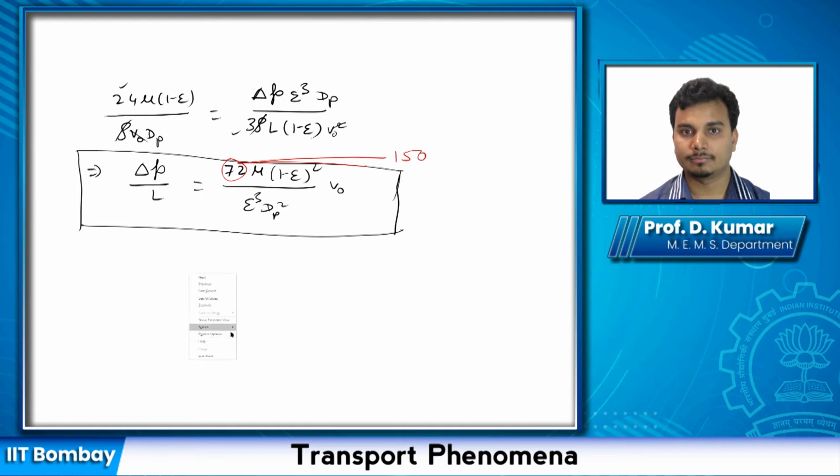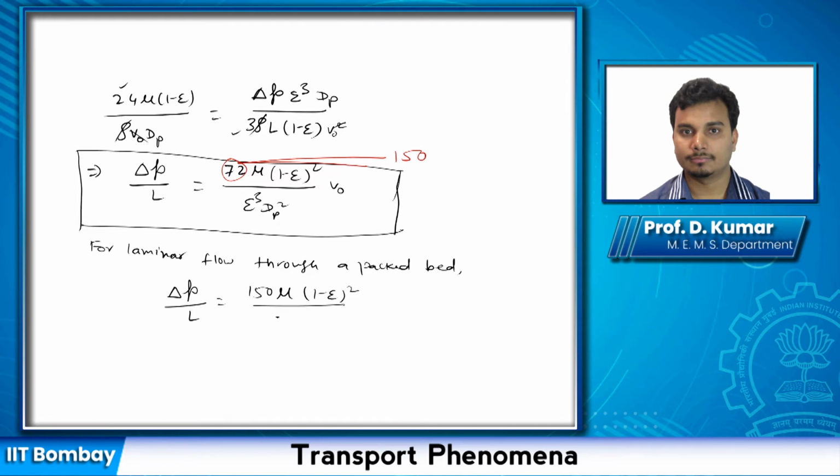So for laminar flow through packed bed, we can write delta P by L is 150 mu 1 minus epsilon square Q dP square.